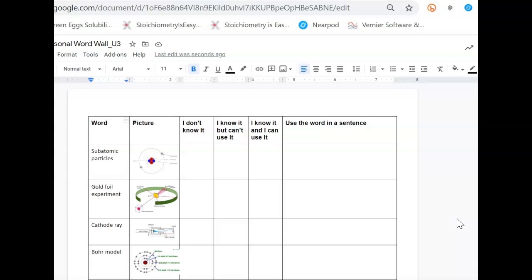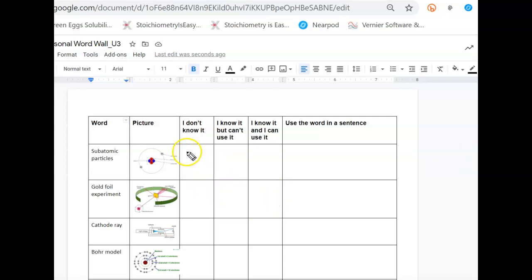And so right now, what I would like you to do is stop the video, or stop within class if you're in class, and go find this personal word wall in your modules. I want you to make a copy into your folder for chemistry, and I want you to fill it out. The way I want you to fill it out is to label it.